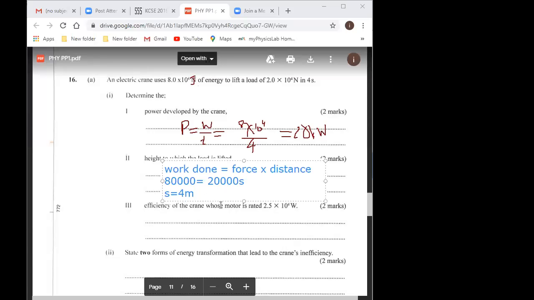Efficiency of the crane whose motor is rated 2.5 times 10 to the power 4 watts. Efficiency of the crane, work it out.